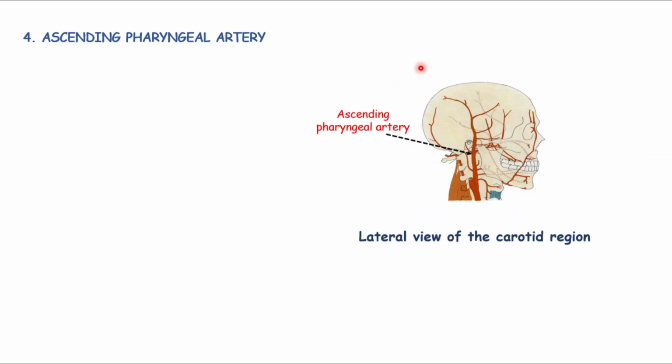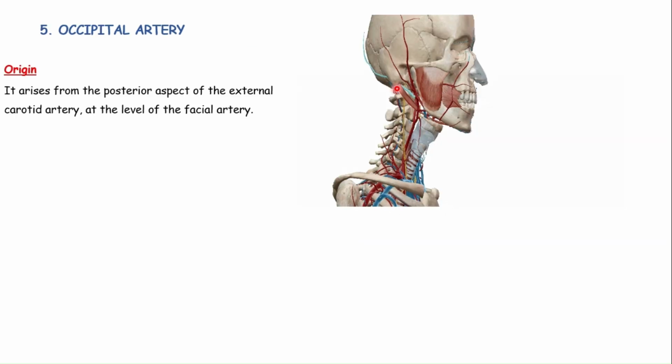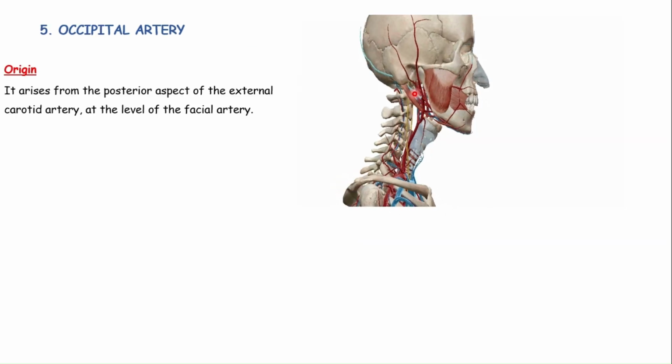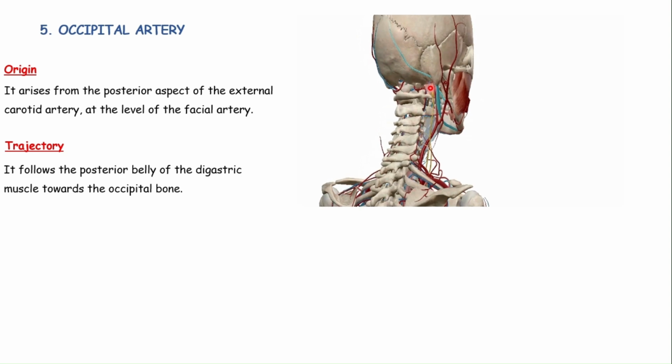The ascending pharyngeal artery arises above the lingual artery and terminates in the lateral pharyngeal wall. The occipital artery arises from the posterior aspect of the external carotid artery. At the level of the facial artery, it follows the posterior belly of the digastric muscle towards the occipital bone.